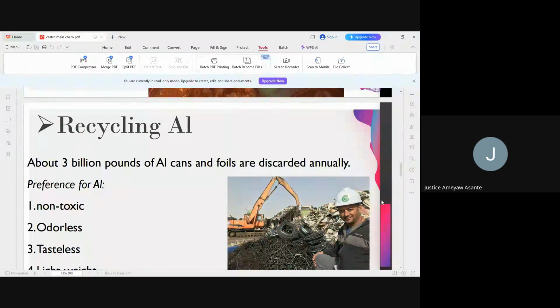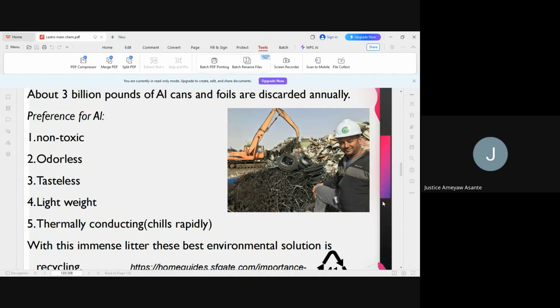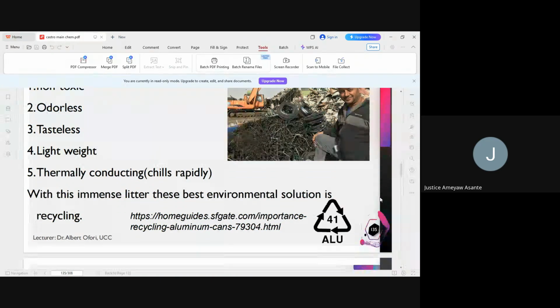So what we are looking for is aluminum. Aluminum is non-toxic. It's odorless. It is tasteless. It is very light in weight. The thermal conductivity is very high.